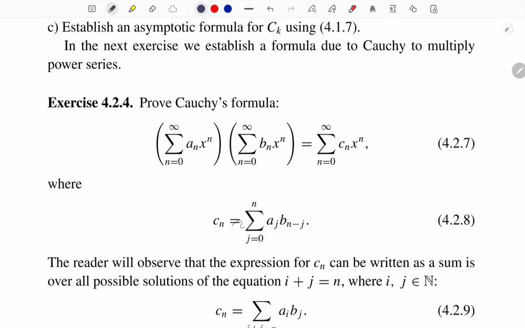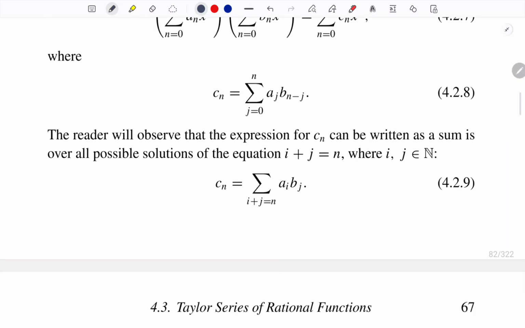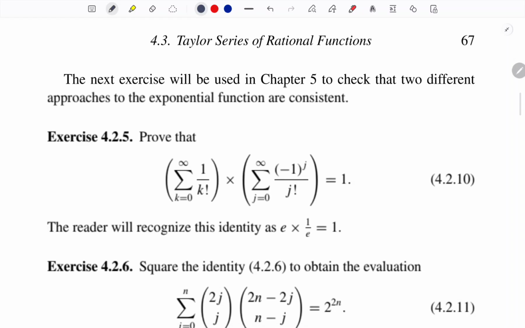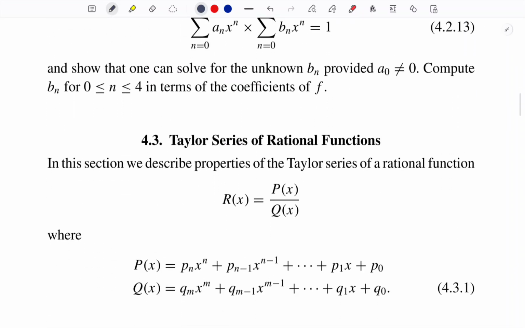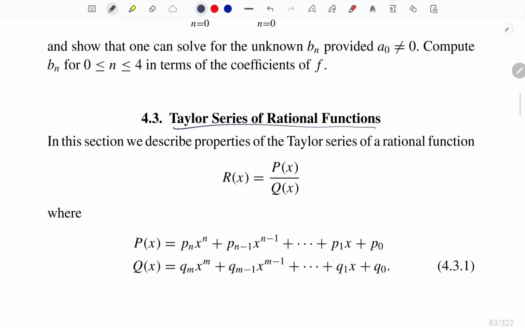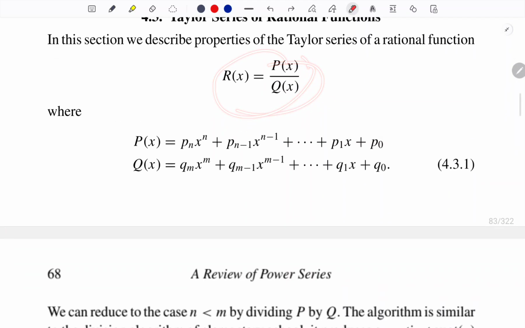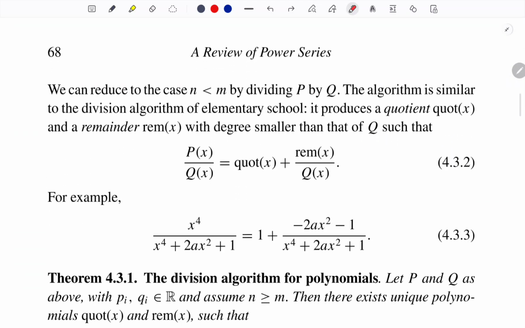Again, I don't have a lot of knowledge here. Taylor series for rational functions. What is this? Okay, I know that.